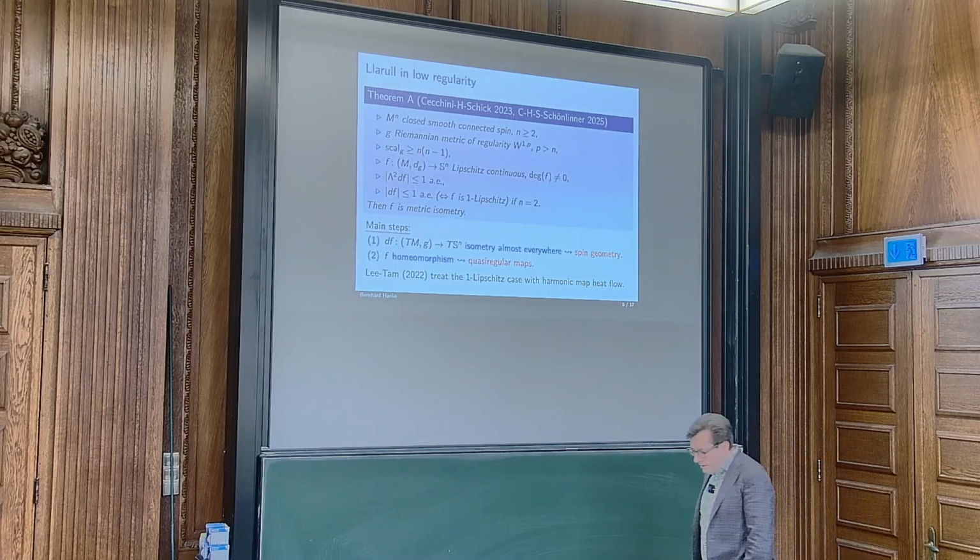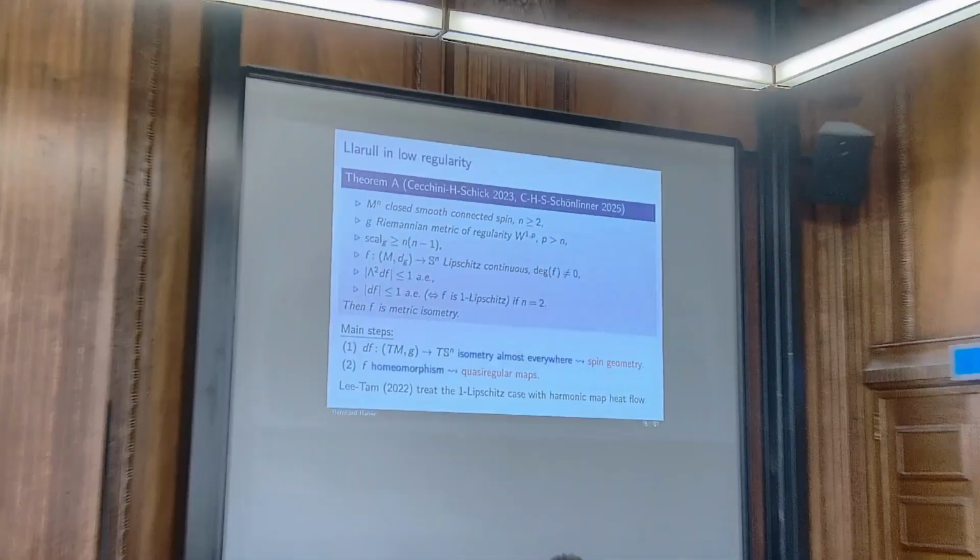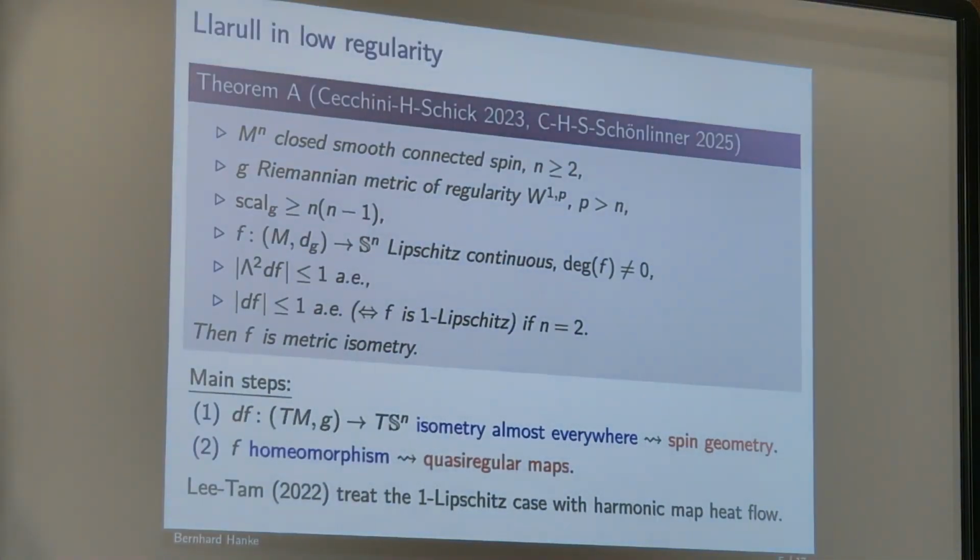And now, once we have introduced this notion, I can formulate the first main theorem, which I proved together with Simone Cecchini and Thomas Schick a couple of years ago. And then we have a new ingredient or a new aspect where also Schönlinner participated.